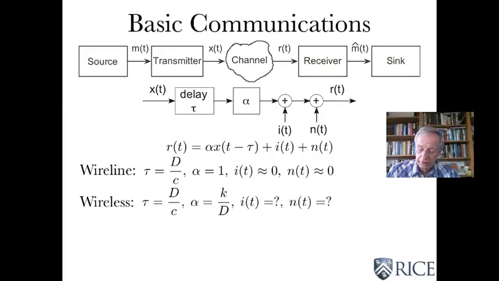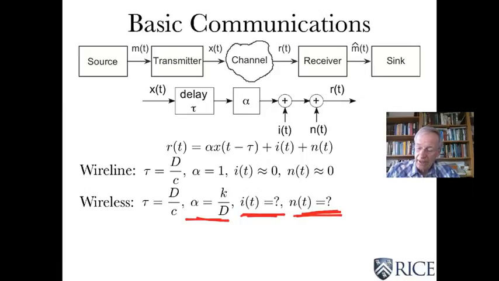Signals don't get bigger, and they get delayed, sometimes attenuated by a lot, especially in the wireless situation. Interference gets added, who knows what it is, depends on the situation, and the noise is always prevalent. Question mark means you don't really know how big it's going to be in any given situation. You have to do the best you can.